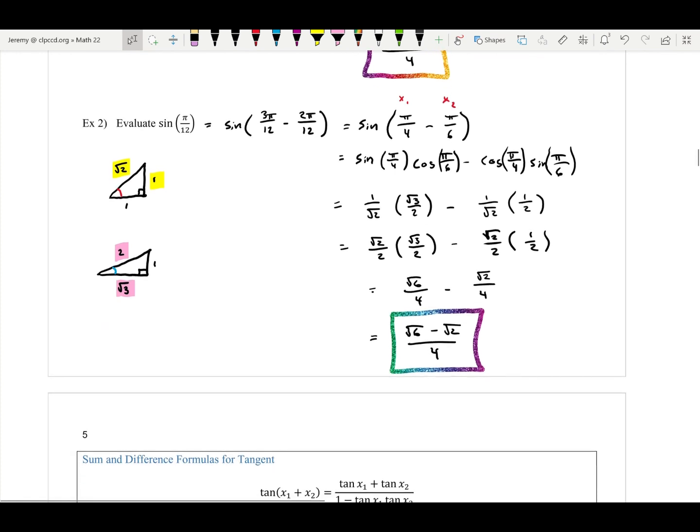And one way to make sense of that we got the same value, is think about this triangle. You know, if that angle right there was pi over 12, this other angle right here would be 5 pi over 12.